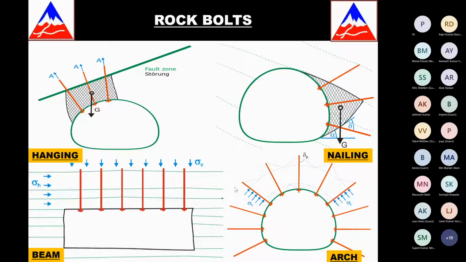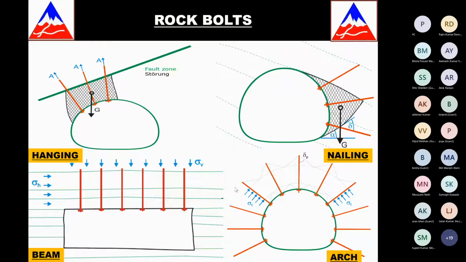And rock bolts tend to give support to the system by three actions. One is by hanging. If you see in the sketch on top left, in the hanging mechanism, the rock bolts go into good rock, and from there they give anchorage to your tunnel surface, right?